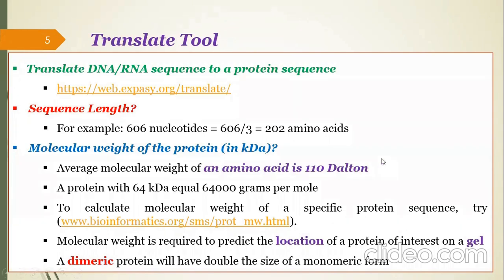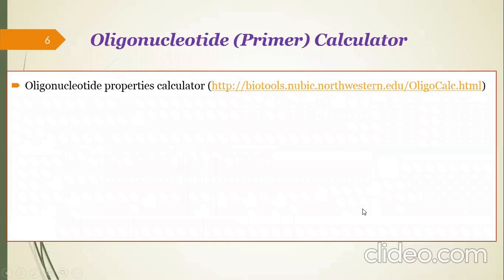Okay, and next is oligonucleotide calculator. We have a calculator, and if we have a primer, we can calculate the properties of that primer by using this tool.